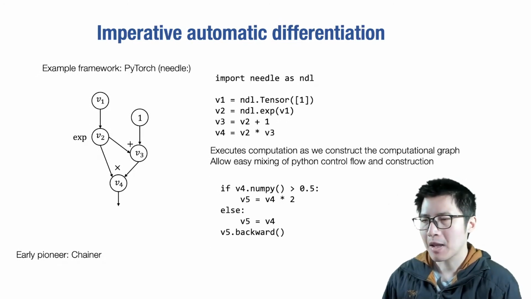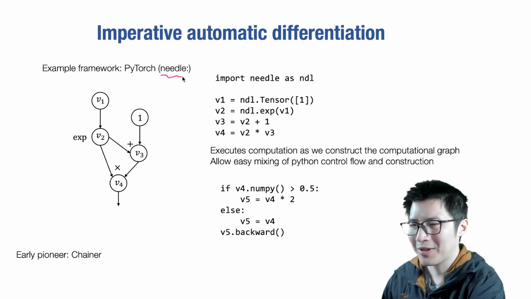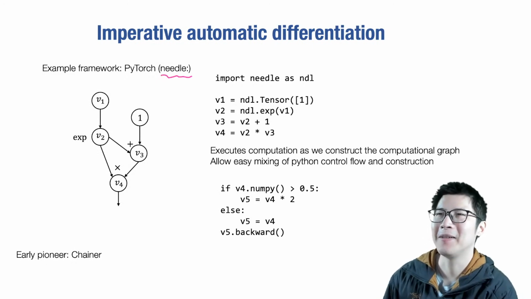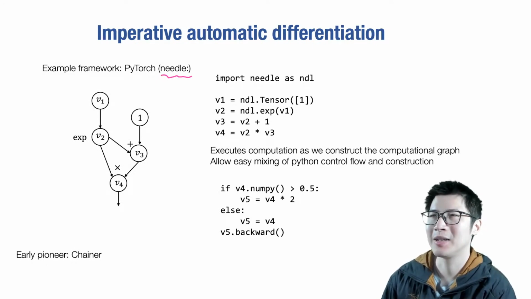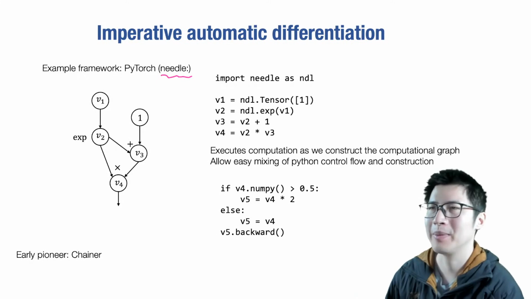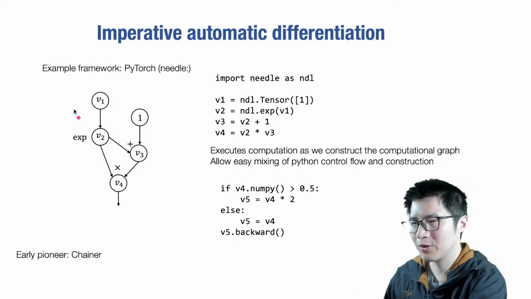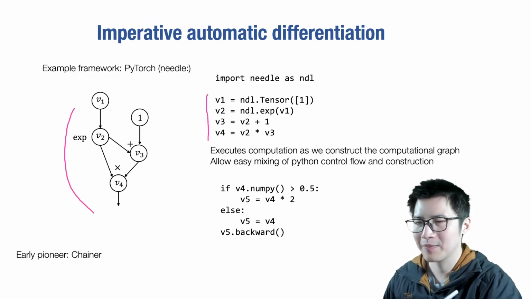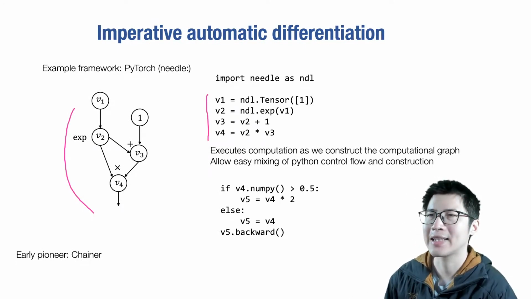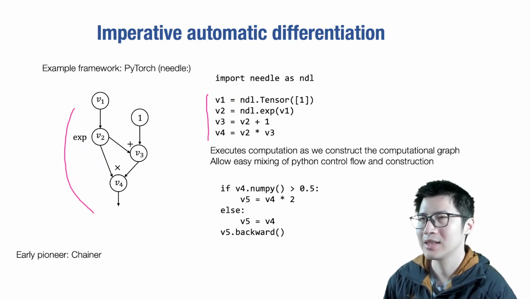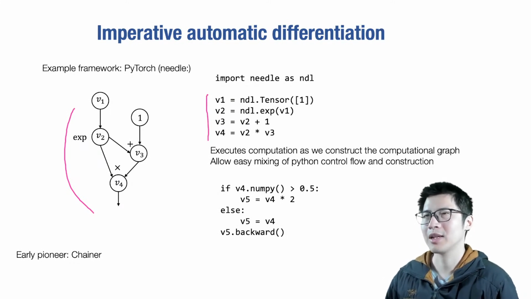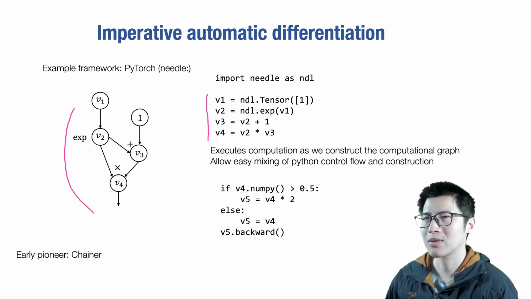So in PyTorch, and in Needle as well, we're adopting this imperative programming style. You can find that in order to run these computations, we are simply constructing the code like in here. We first declare the needle.tensor, and then you compute the exponential function, do a +1, and then you multiply the things together.